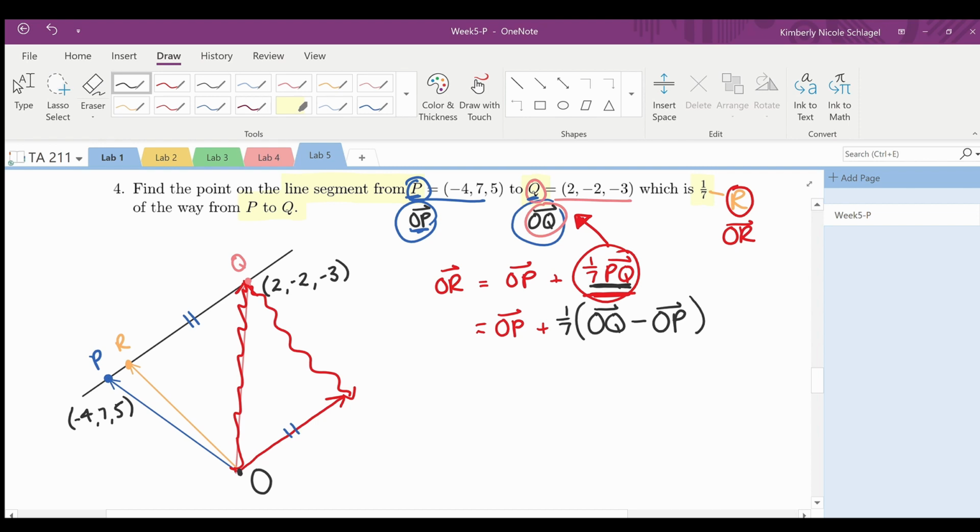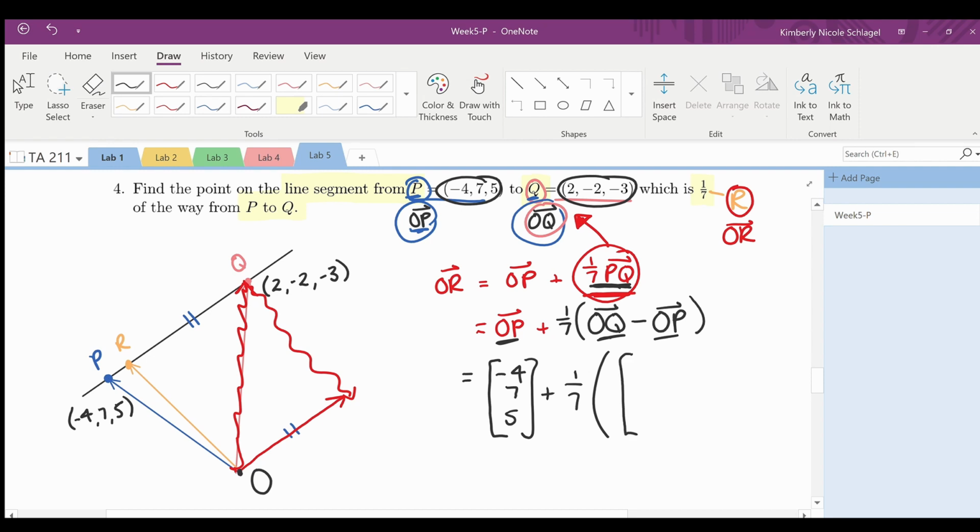Okay, so next thing is we already have all of these things here. We have OP, we have OQ, and we have OP again. So now what we're going to do is we're just going to plug in our vectors that were given here. So we have OP, and our OP is (-4, 7, 5), plus 1/7 times, and our OQ is (2, -2, -3), plus (-4, 7, 5).